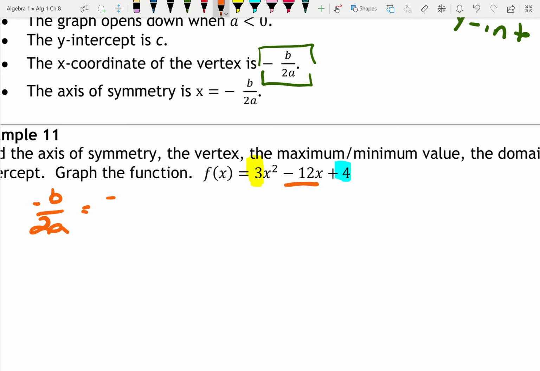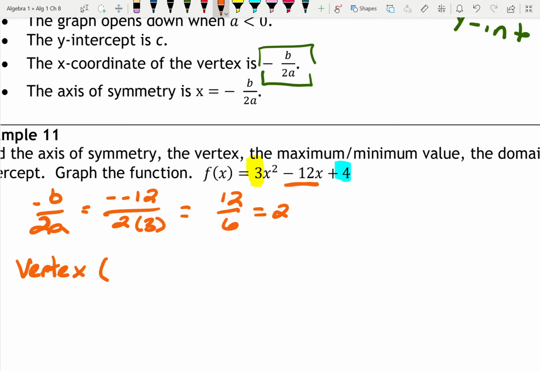So we're going to have negative 12 over 2 times 3, which is 12 over 6, which is 2. So that value there is the x value of our vertex. To get the other value, we're just going to plug back into the original formula.